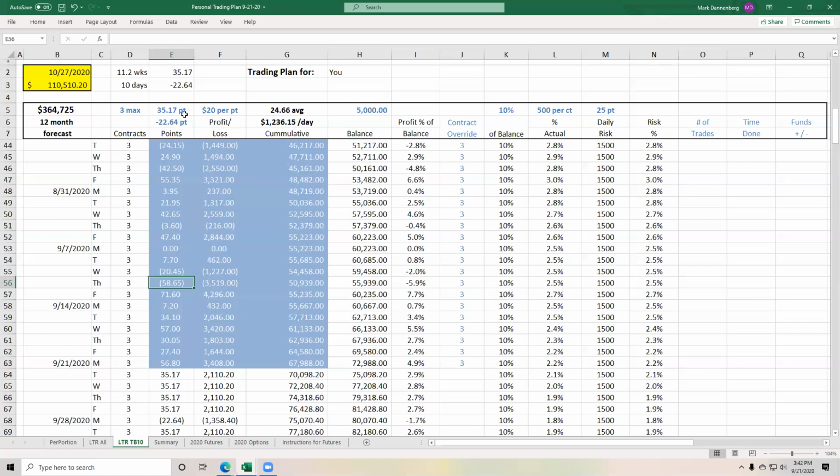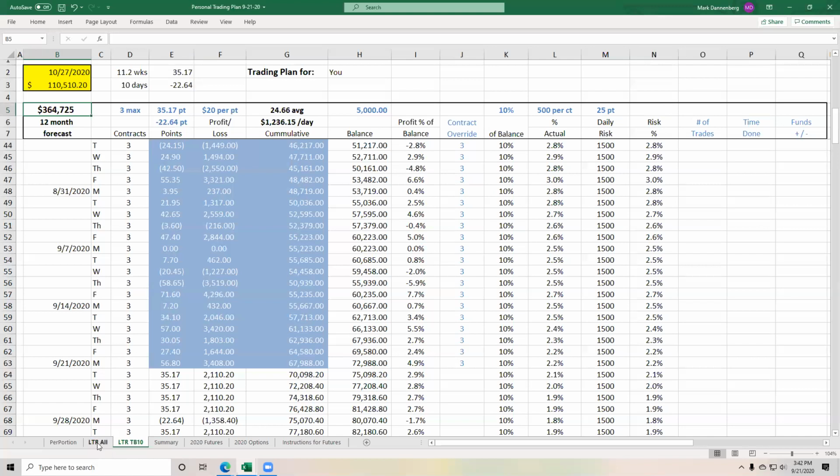I will have additional losing days. I will have a lot of additional winning days. And as long as the net average of those continues to be reasonably in line with where I am right now, then I have a reasonable expectation that I could have a $364,000 income over the course of 12 months. Okay, so that's category number one.